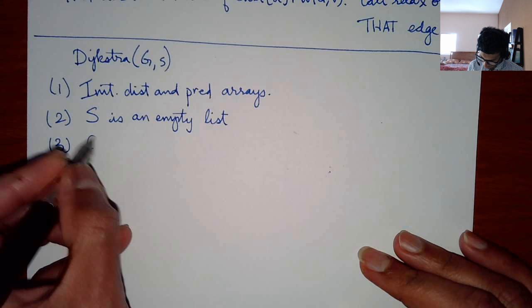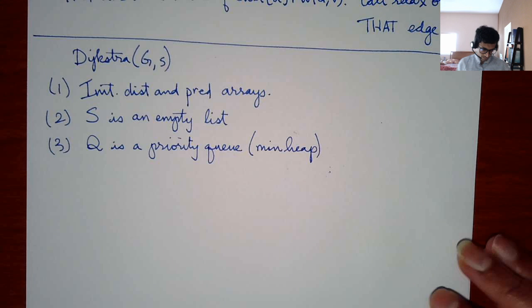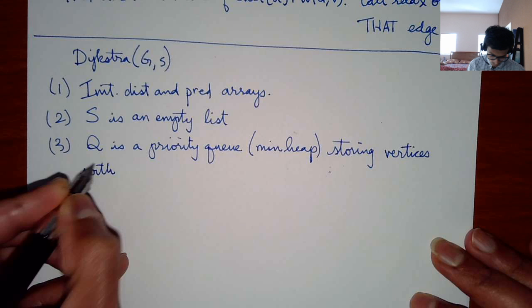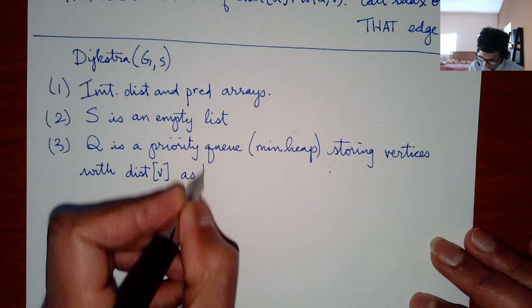So think of a min heap, a min heap storing vertices with the distance as the key. So it's storing the vertices with the estimate of the distance as the key.